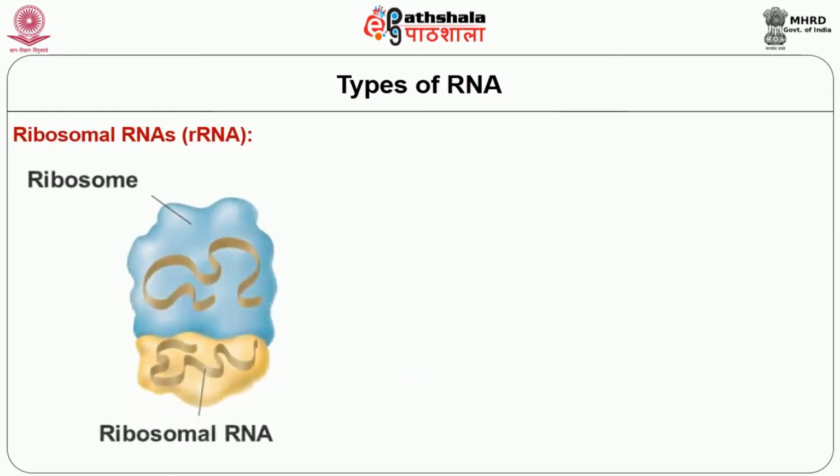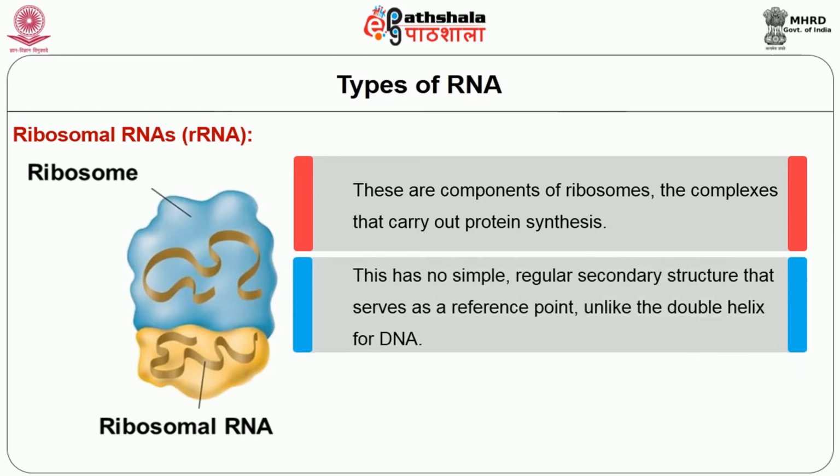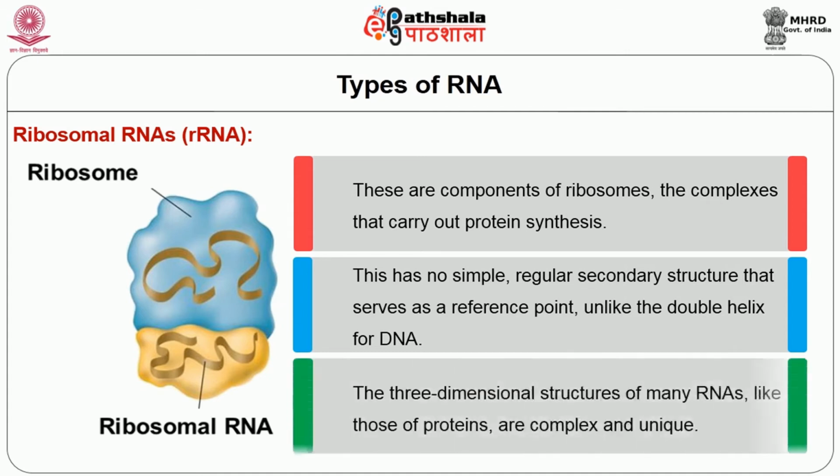Ribosomal RNAs, as we mentioned, are components of ribosomes, the complexes that carry out protein synthesis. RNA has no simple regular secondary structure that serves as a reference point unlike the double helix of DNA. The three-dimensional structure of many RNAs, like those of proteins and peptides, are complex and unique.